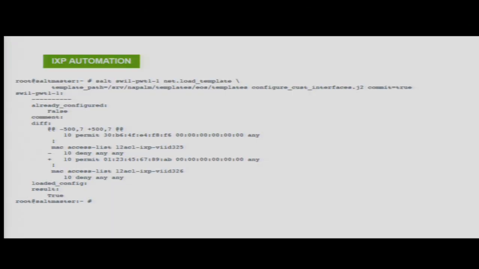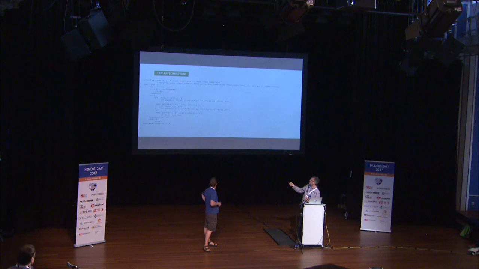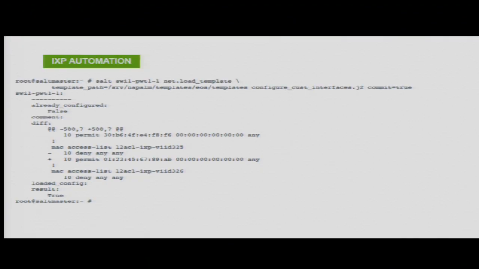If we go back here, you can see that we're only targeting a single switch over here, switch 1, ParkWest 1-1. You can say salt star, which is to say go to all of the switches, run it with test equals true, and it will show you a context diff of all of the configuration changes that would be made on any of the switches.